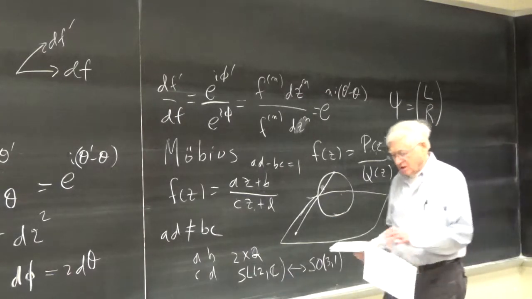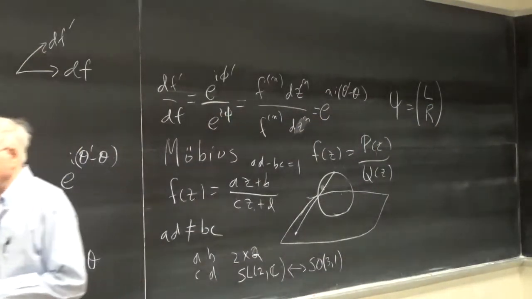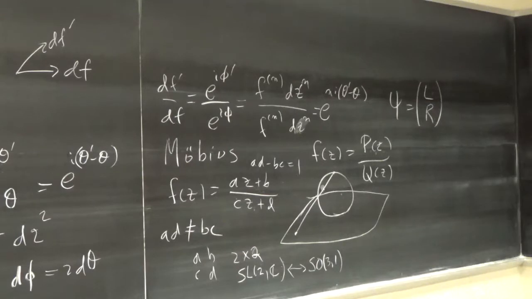Now we saw last time that for infinitesimal transformations, for the Minkowski 2 space, we could go to light coordinates and everything was fine. I was trying to do that this afternoon for finite transformations and ran out of time.